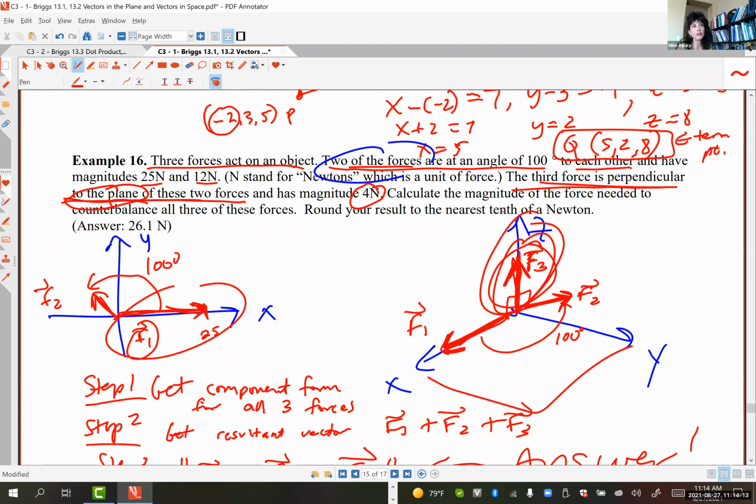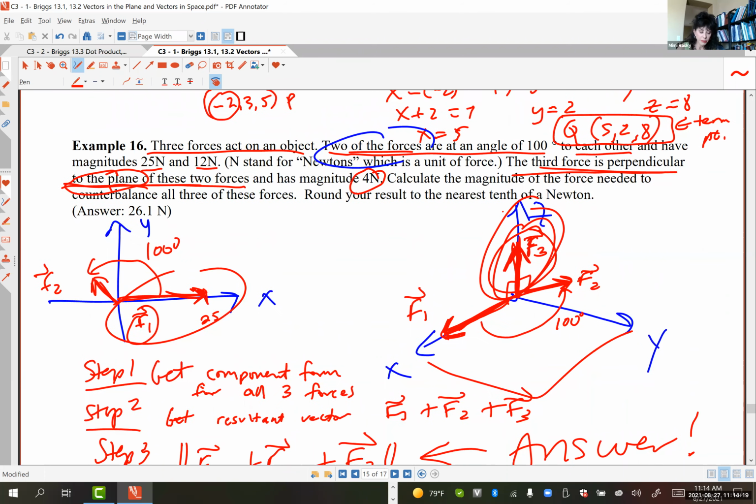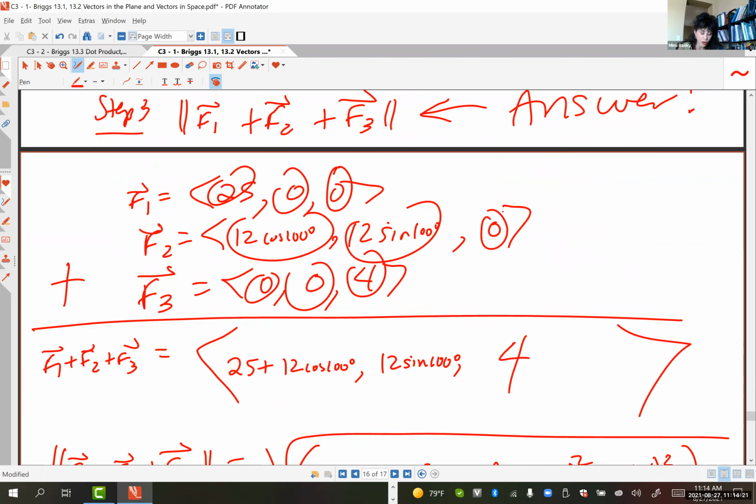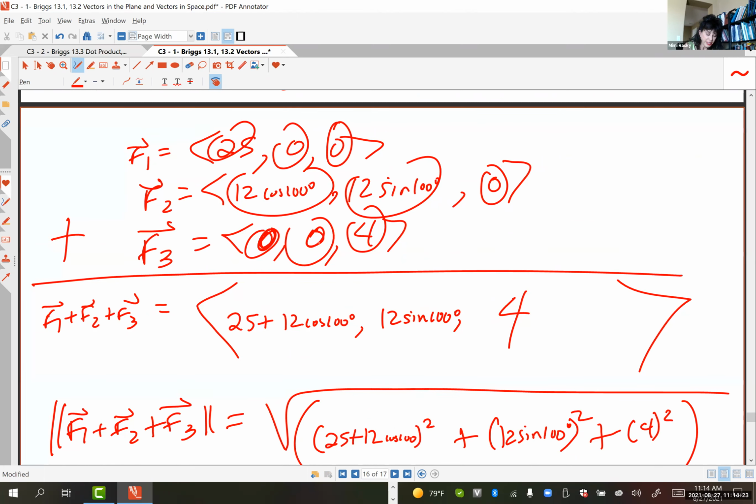And that allows me to say that his x and y components are 0. And in order for him to still have a magnitude of 4 and yet have the first two components zeroed out, this z component has to be a 4. Because the magnitude would be this. And so it works out.